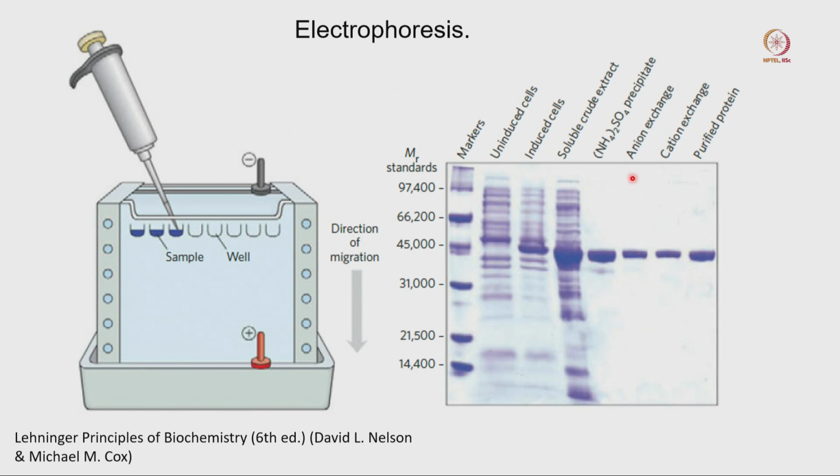That means after purification you are getting a very pure protein, which matches the induced cell and the soluble extract. If you consider the molecular weight of this protein, it will be roughly 45 kilodalton.